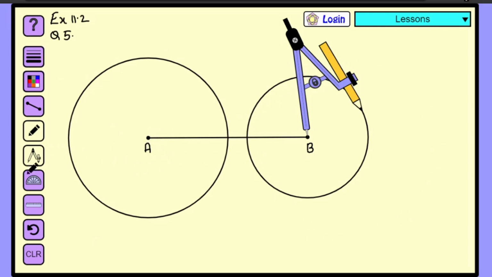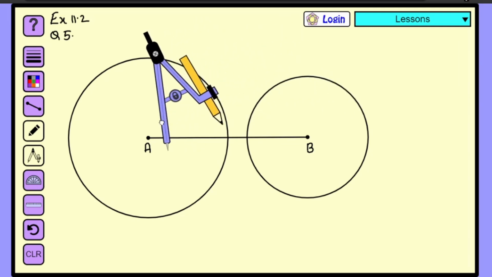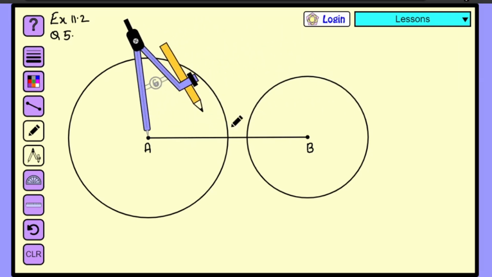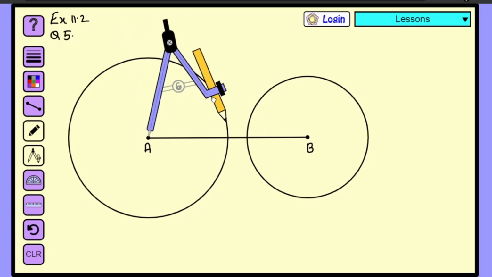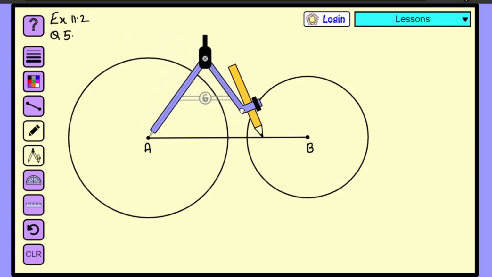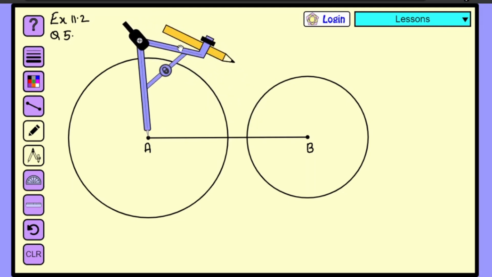The procedure is the same. First we are going to draw a perpendicular bisector of AB. For that purpose, we take more than half of the length of AB and draw arcs.